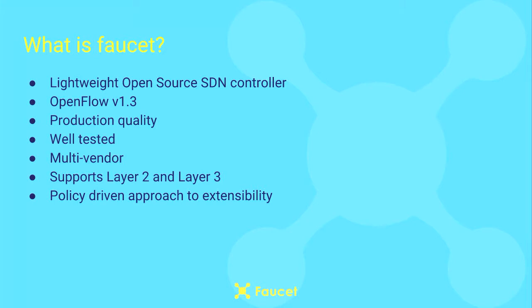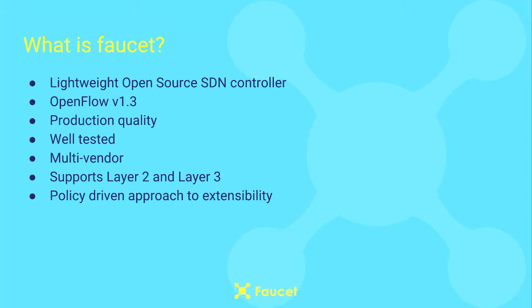And in 10,000 lines of Python, we pretty much replicate a regular layer 2 and layer 3 switch. We won't be going into the testing or multi-vendor part of Faucet today, but everything we do today on your laptop in a virtual environment works just the same on hardware as well.